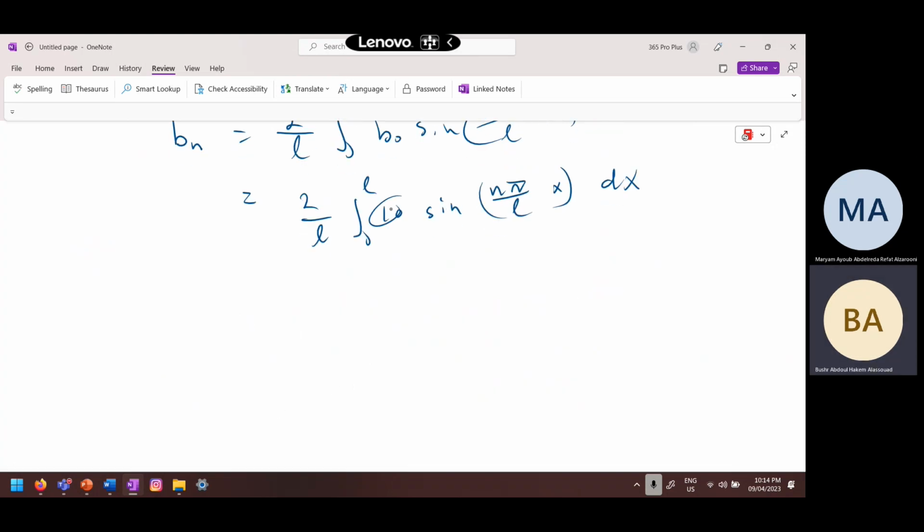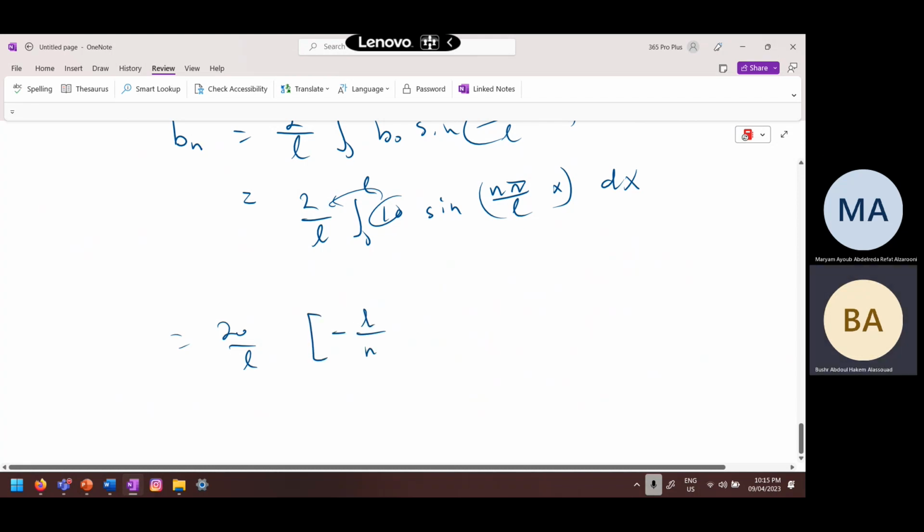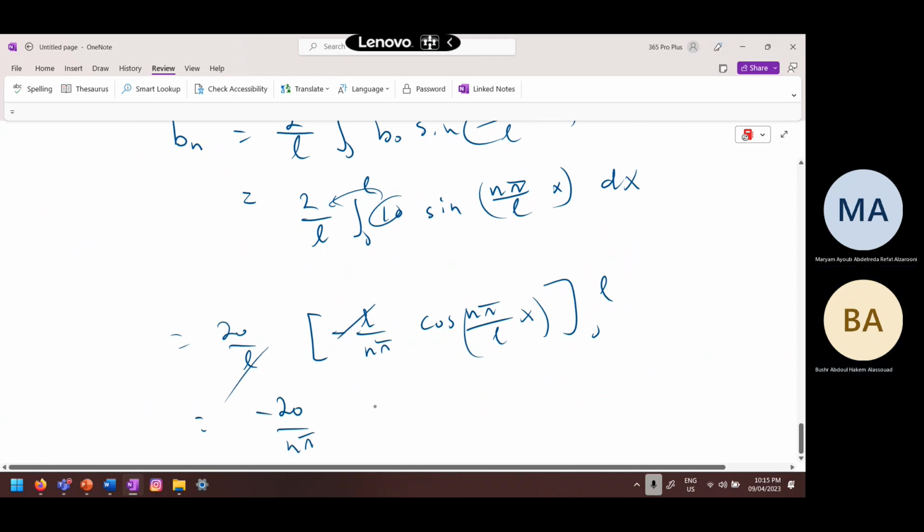10 can be taken outside and you get 20 over L, and sine is integrated to negative L over n pi cosine n pi over L x, from 0 to L. Now to clear this and make it look better, you'll get negative 20 over n pi. L can be cancelled from both sides.